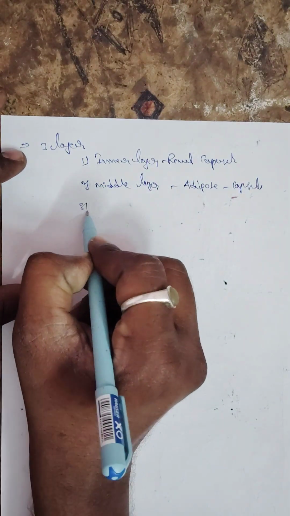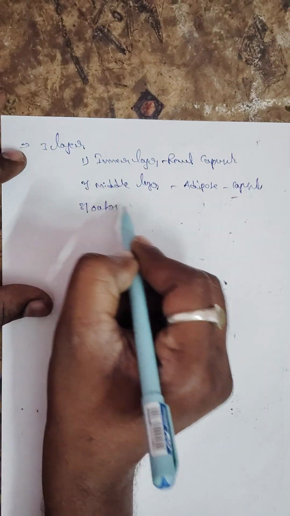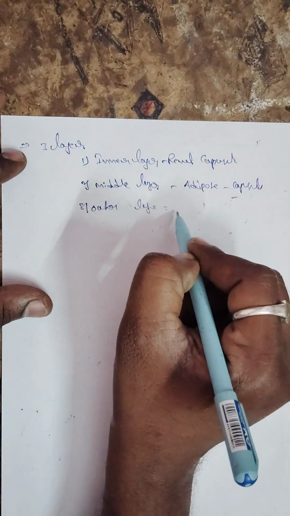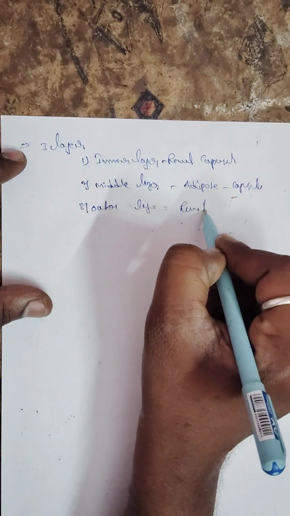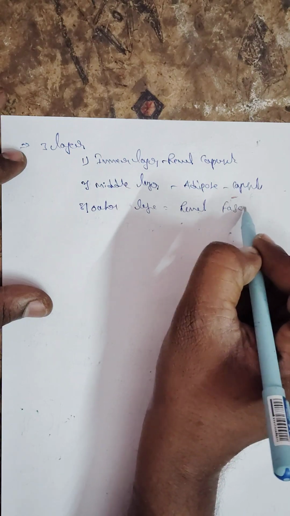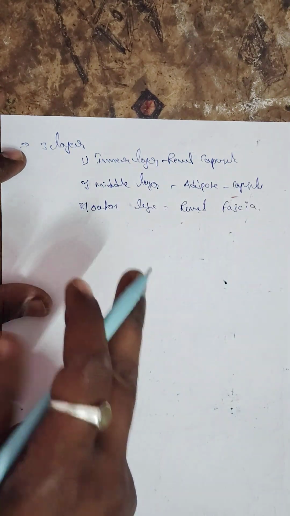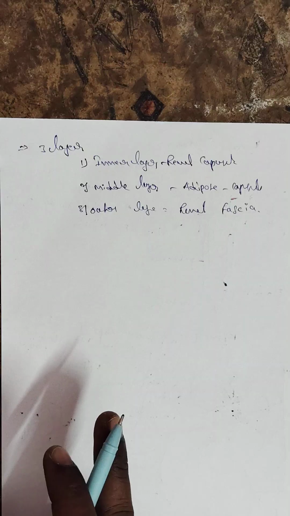And number three is the outer layer, also called the renal fascia. These three layers protect the kidneys. The 3 layers are called the renal capsule, adipose capsule and renal fascia.